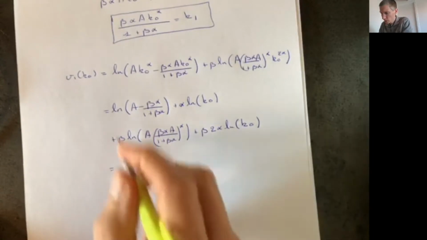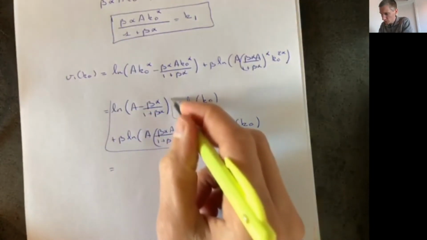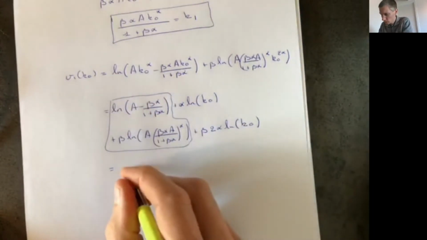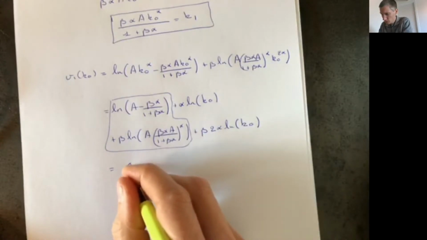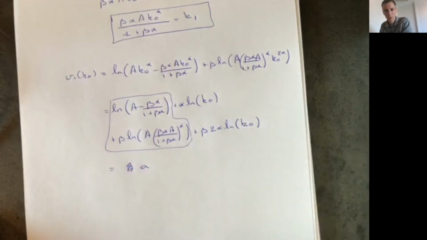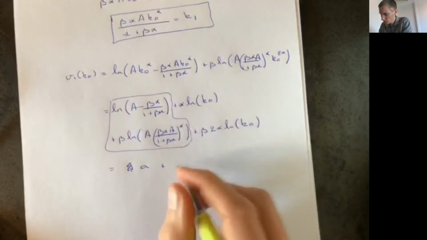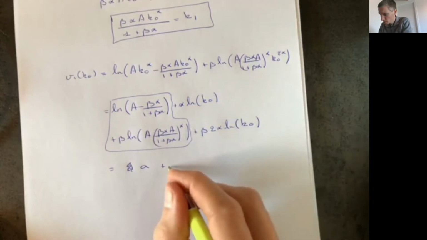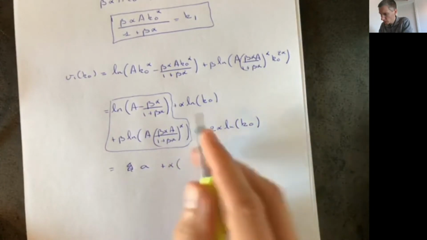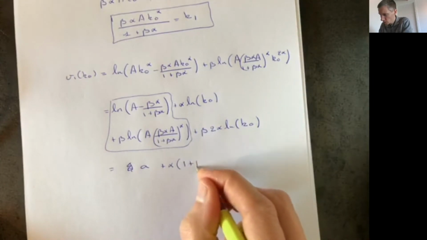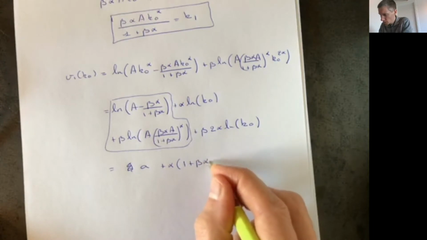Okay, so in the end what I arrive at here is some fixed number, right? Let me call this a something, and then plus, I can take alpha outside, and then I have 1 plus beta alpha.